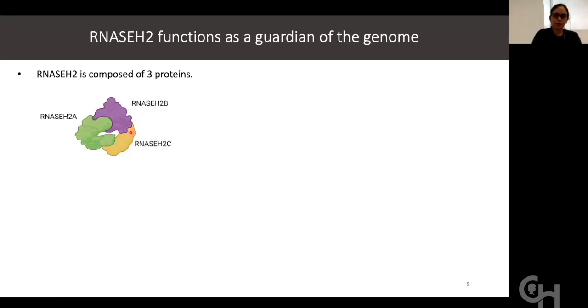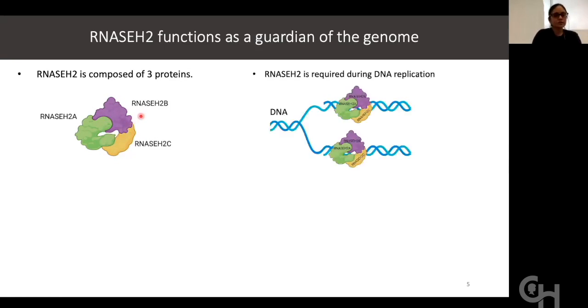RNase H2 is a complex consisting of three proteins, RNase H2A, RNase H2B, and RNase H2C. It requires all three proteins to function as a complex. So if you delete any one protein, this complex is no longer functional. RNase H2 is required during cell division, specifically during DNA replication.